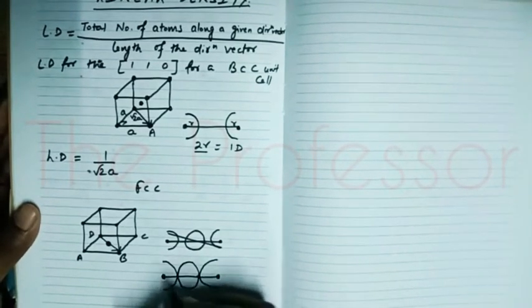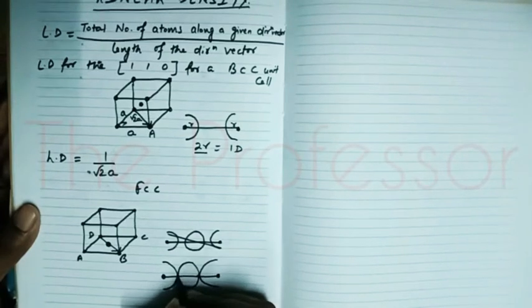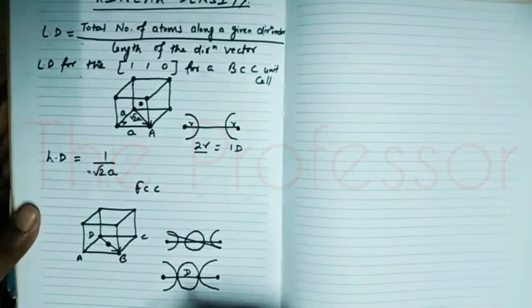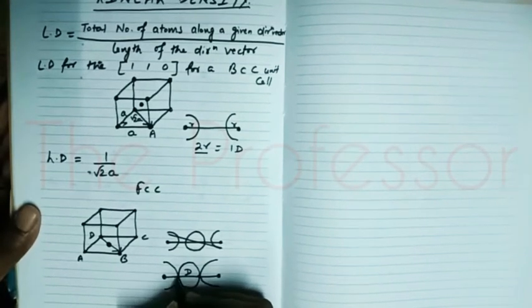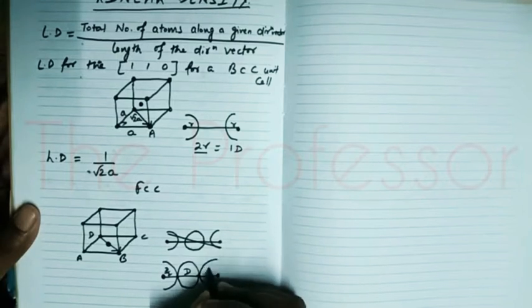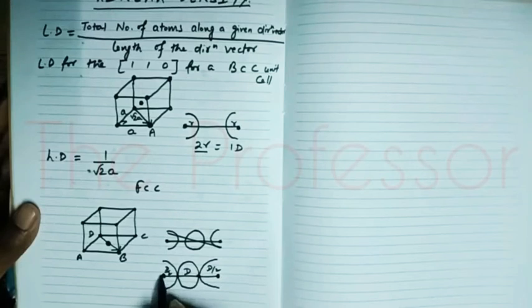So now let us see how many diameters there are along this direction vector. This is one diameter for this atom. It is diameter D from here to here. From here to here it is one radius, that is d by 2, and again from here to here it is d by 2. So how many total diameters do we have along this direction vector?